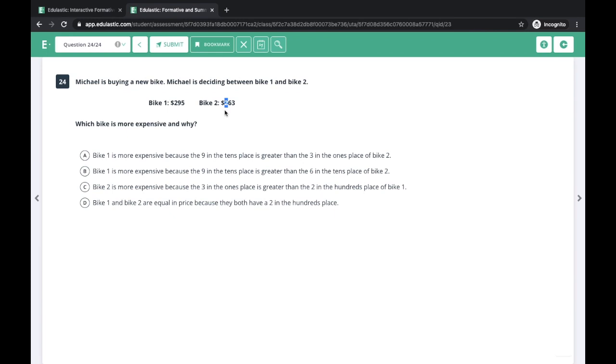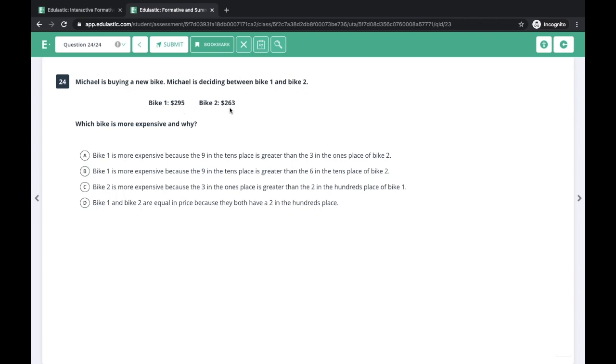Because these numbers are the same, we cannot compare based just on our hundreds. So let's move to our tens place. In 295, we see 9 tens, and in 263, we see 6 tens. So we know that the 9 in 295 is greater than the 6 in 263.